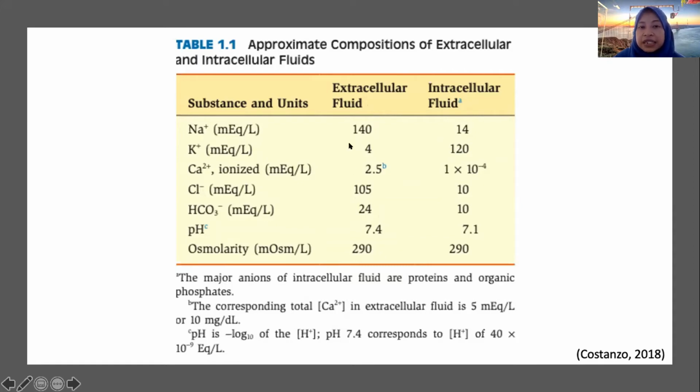Despite the differences in the distribution of the electrolytes, you need to note that the osmolarity of these two body fluid compartments is the same. We're going to look at osmolarity more afterwards.